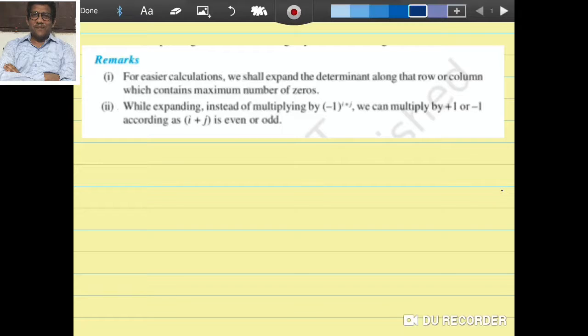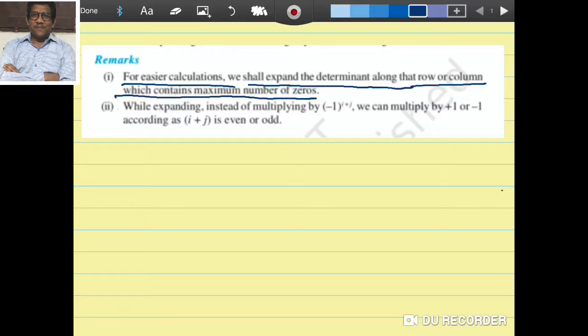First, for easier calculation, we shall expand the determinant along that row or column which contains the maximum number of 0s. It means before expanding the determinant, we have to observe which row or column has the maximum number of 0s. After that, we expand it along that row or column.